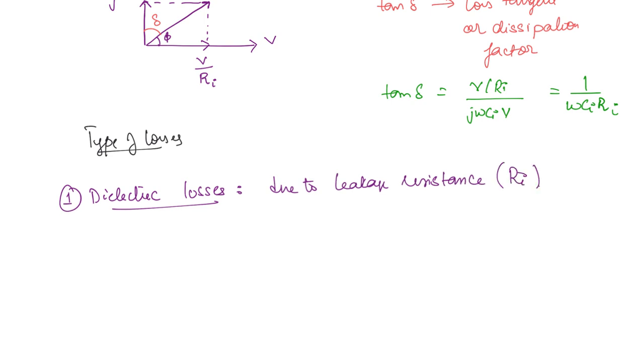So what will the loss be? The current V by Ri squared into Ri, so this is equal to V square by Ri. This is the dielectric power loss per phase.